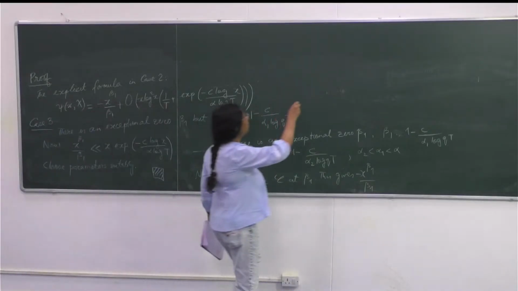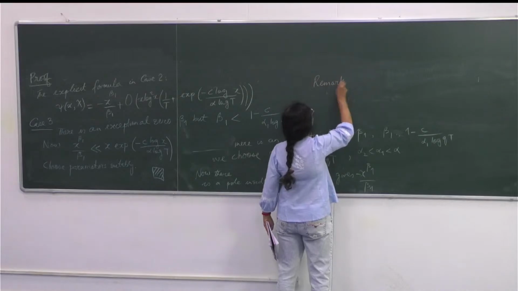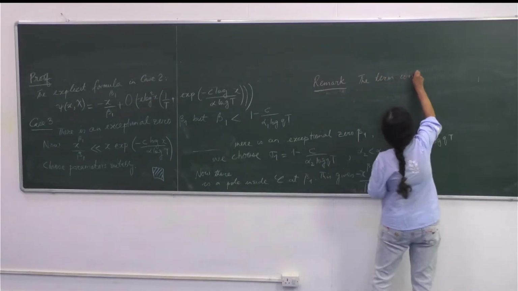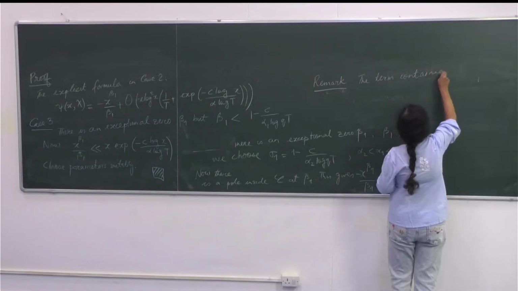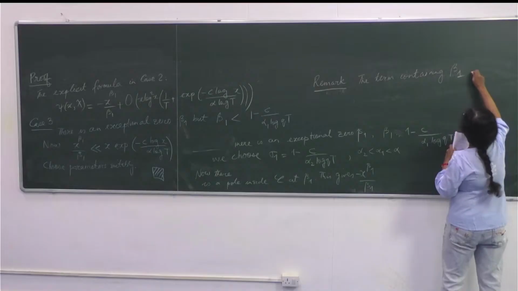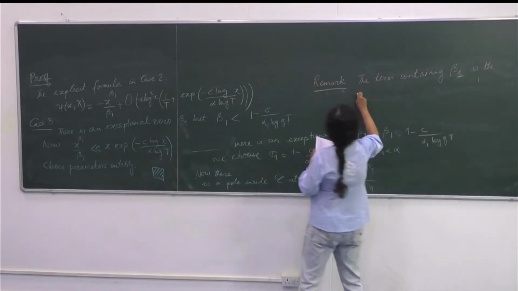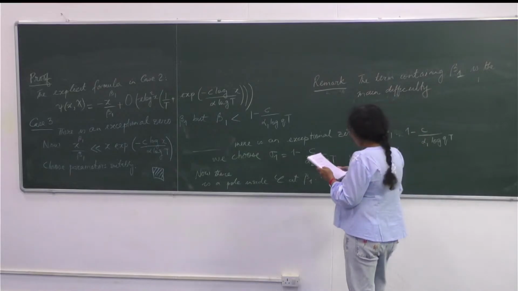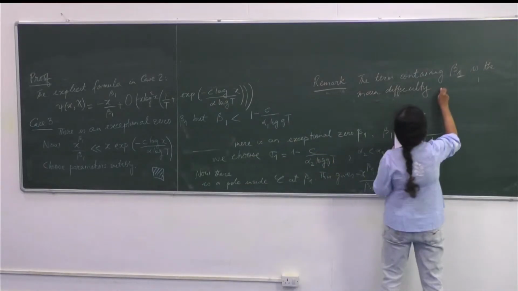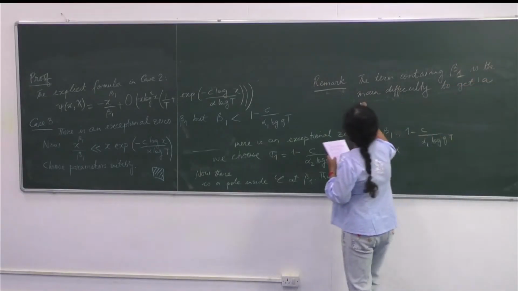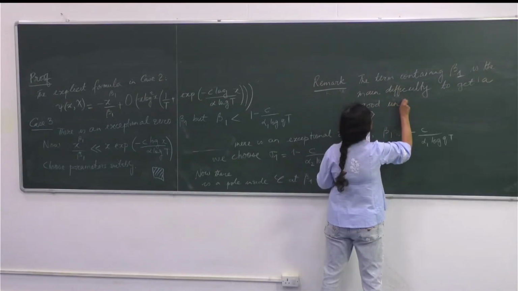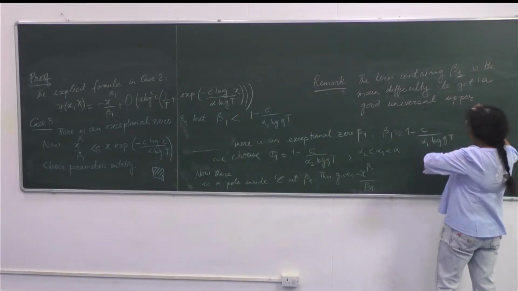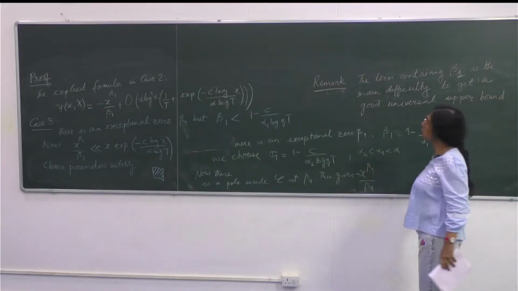So the point we should realize is that the term containing beta 1 is the main difficulty, yeah, to get any good universal upper bound, that it would be good as well as universal. Upper bound. All right.